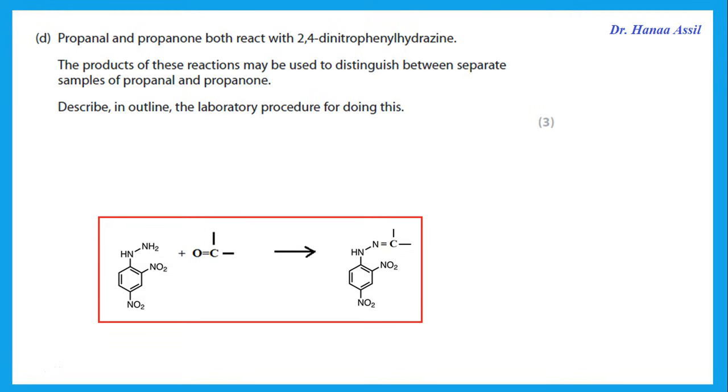It can react with aldehydes and with ketones, and when it forms that precipitate, it is actually a compound formed between the aldehyde or the ketone and the 2,4-dinitrophenylhydrazine. So that precipitate can be used to identify which aldehyde or which ketone we started with.